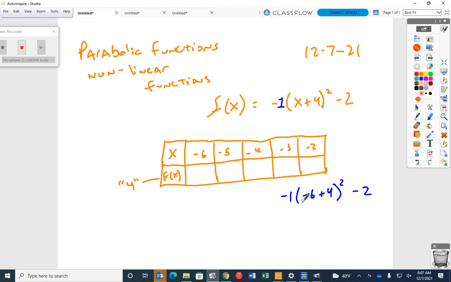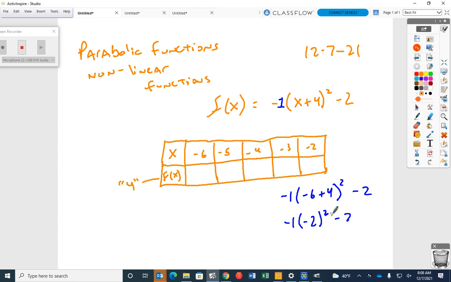Order of operations tells me I have to take care of one thing before I take care of another. I'm going to get rid of these parentheses, right? -6 plus 4, what does that give me? -2. Okay? Then I have an exponent on the -2. I'm done with parentheses as far as an operation goes, right? So what am I going to take care of next?